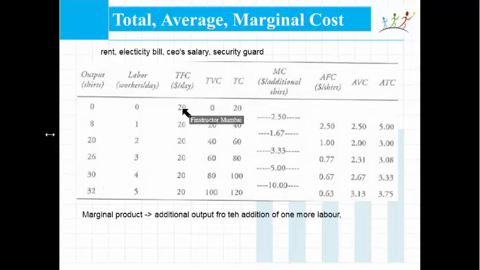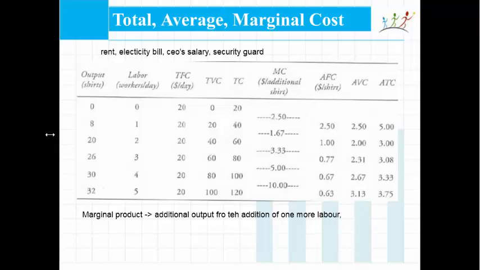I will still have to incur $20. What will be the total cost? It will be 20 fixed plus 20 variable. That is the total cost of $20. If I produce 8 shirts, that means I'm employing 1 labor, which would mean a total fixed cost of $20, total variable cost of $20, and a total cost of $40.